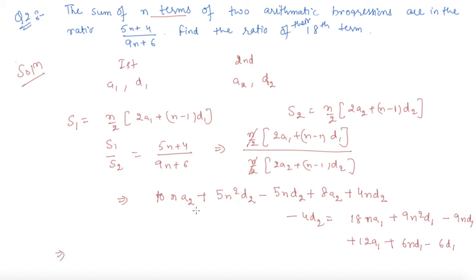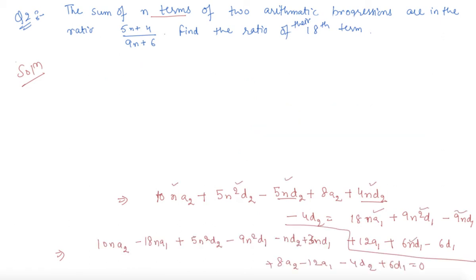Now we will solve the terms, such as 10n a2 and 5n d2. We will take the terms of a and d aside and get an equation from the above. Now we will take n common from the terms having n, and the terms which do not have n we will take on the RHS.